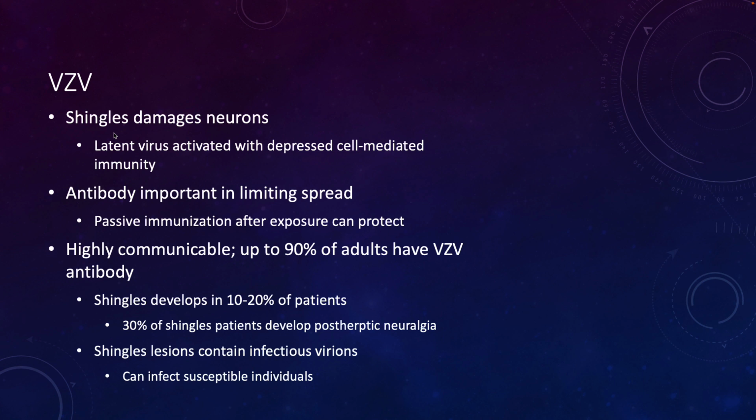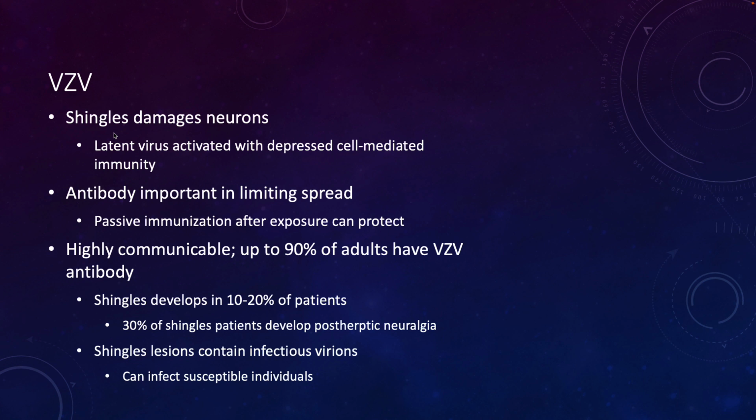So if you're talking about people born 1993 and later, many of them have antibodies because they've been vaccinated. So unfortunately, for those of us who actually had chickenpox as children or even young adults, we are at risk for developing shingles because the virus can reside in the neurons.